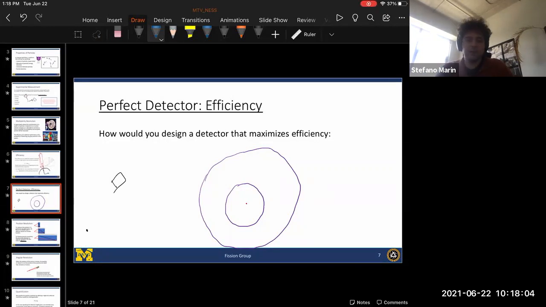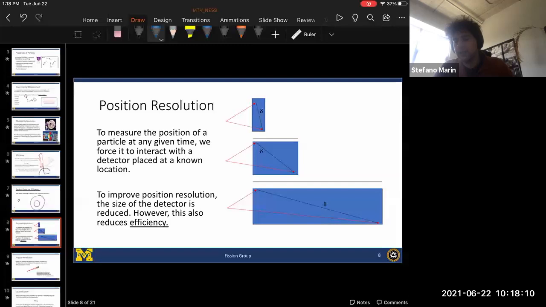However, that's not the case. Multiplicity is just one of the many properties of the particle that one can measure. And we're going to look immediately at the one that really competes with multiplicity resolution. So we're going to take it to the other extreme. In this case, we're going to talk about position resolution. Position resolution and angular resolution, the next two slides, are kind of similar to one another.